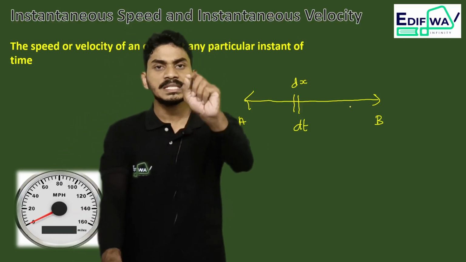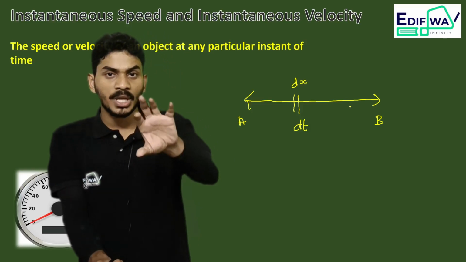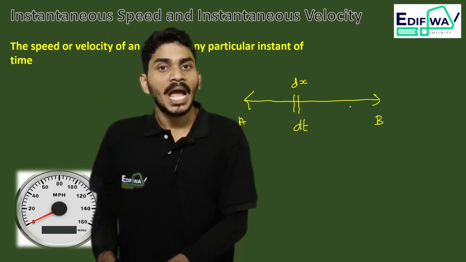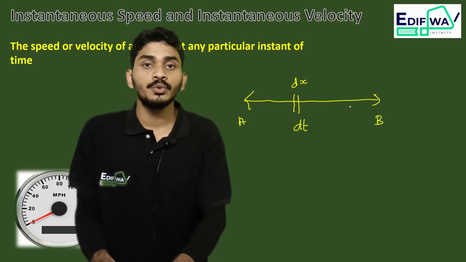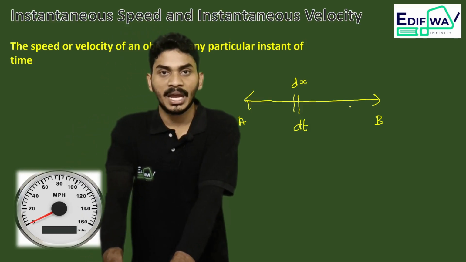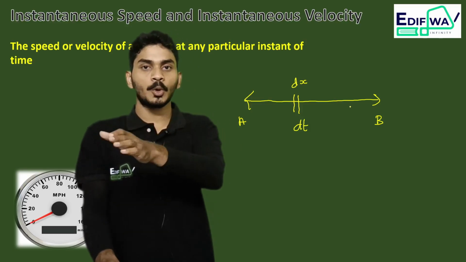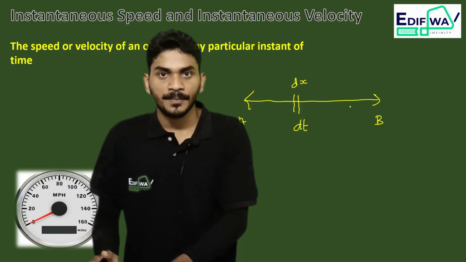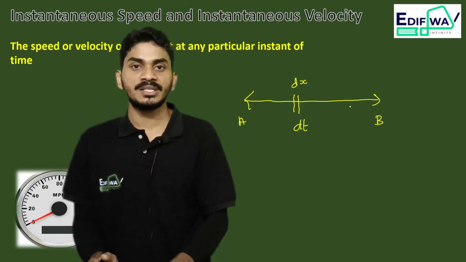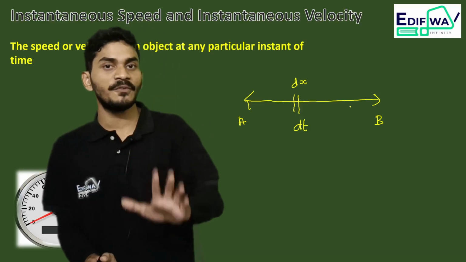So I am giving you a very simplified concept so that you can understand this very well. Later you will learn differentiation and calculus, and from that time onwards you will be doing the problems based on this. For now you need to understand, so I have simplified it.